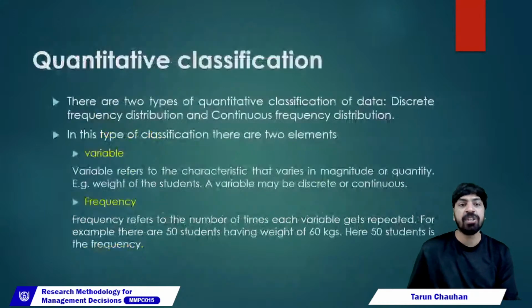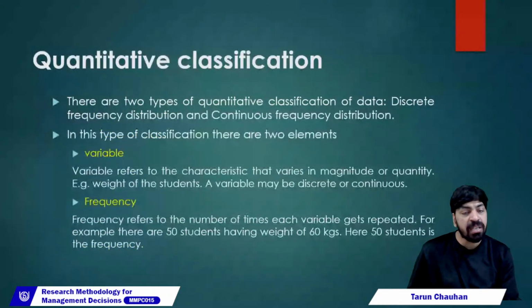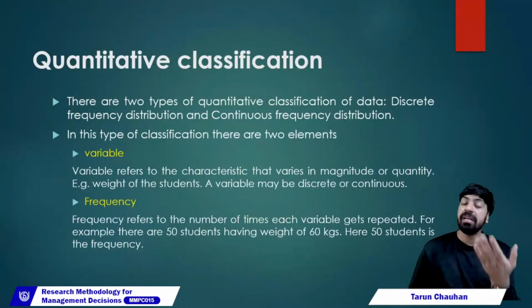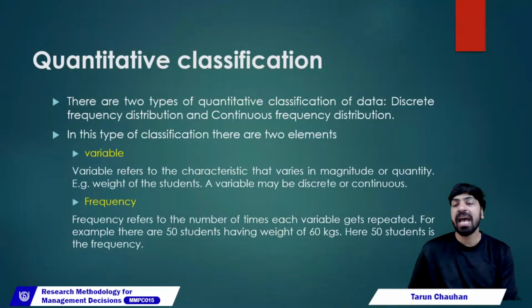There are two types of quantitative classification: discrete frequency distribution and continuous frequency distribution. Under discrete, the data have particular fixed values that can be counted, but continuous doesn't have any fixed value. It refers to a wide data set and can be measured.